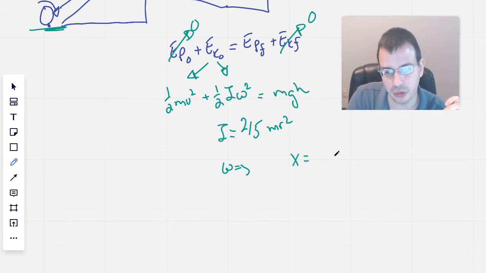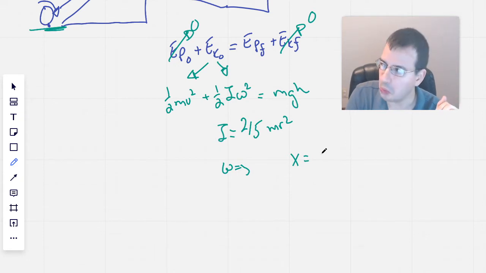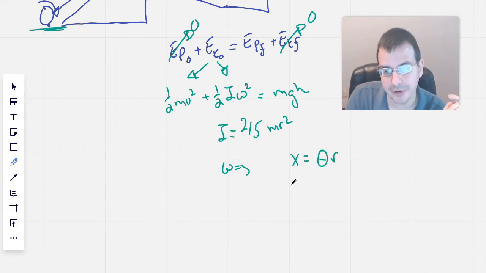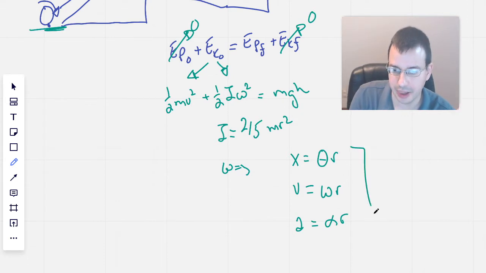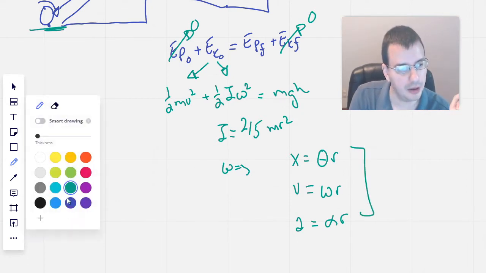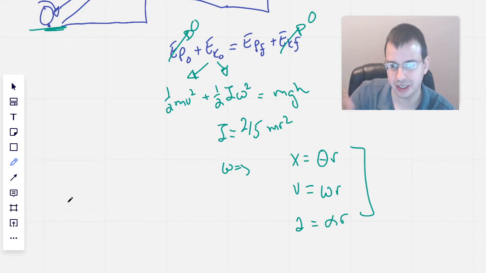So x equals theta r. v equals omega r. And acceleration equals alpha r. This is the conversion between linear and angular distance, velocity, and acceleration.